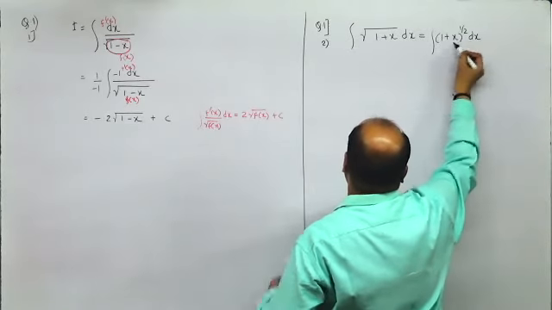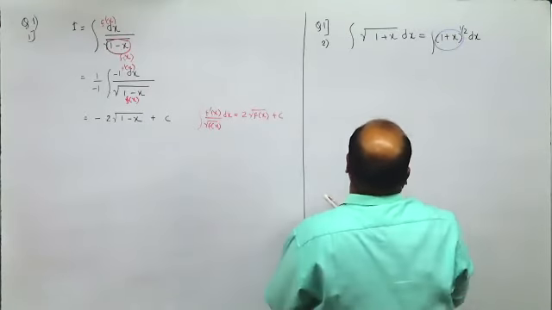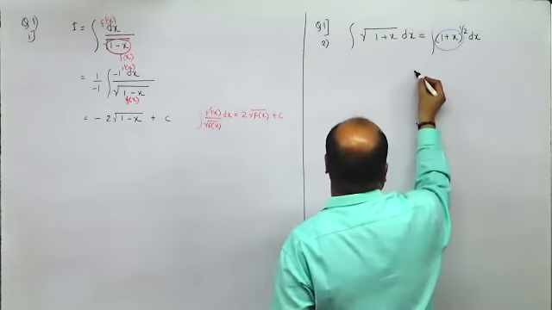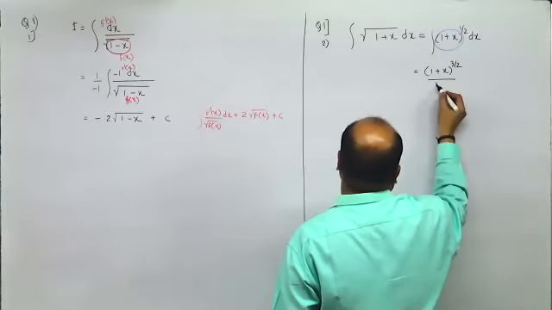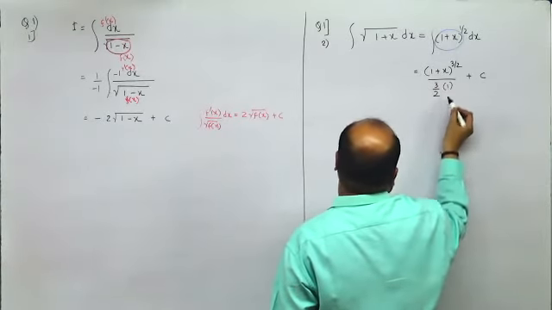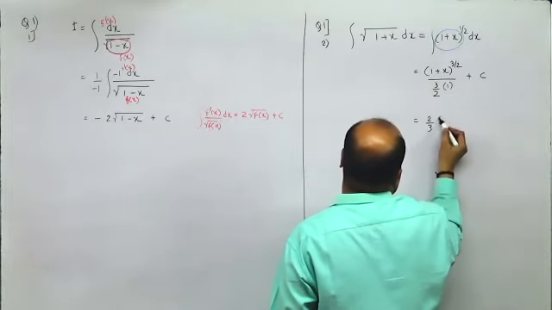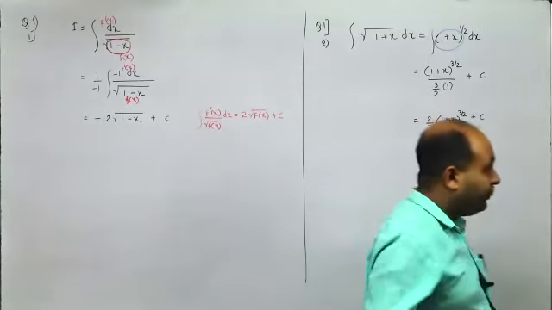Now, since this is x raised to n, it would be x raised to n plus 1 upon n plus 1 plus c. And the coefficient of x is 1, so it would be 1 over here. This would be 2 by 3 into 1 plus x raised to 3 by 2 plus c.